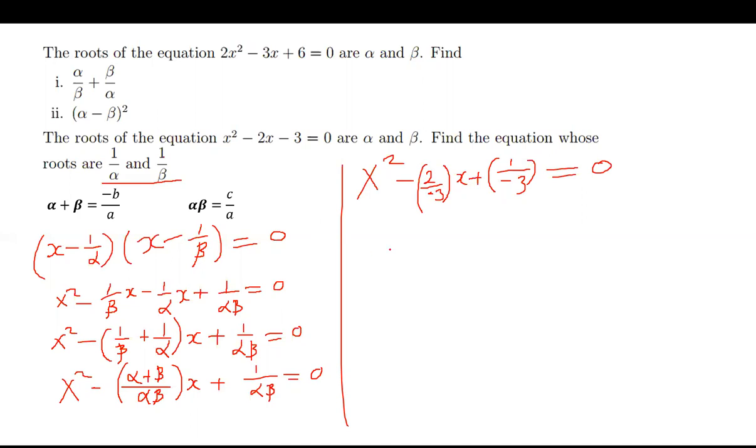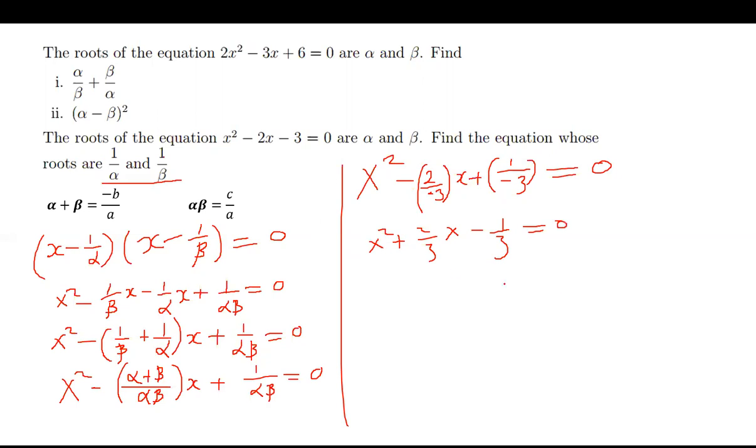So here it's now just a matter of simplifying. X squared minus, so minus times minus there, you get a positive 2 over 3 x, and then this will be a minus 1 over 3, which gives you 0.